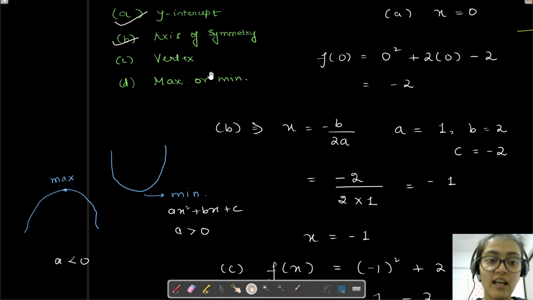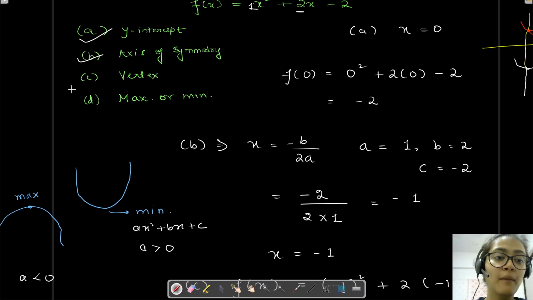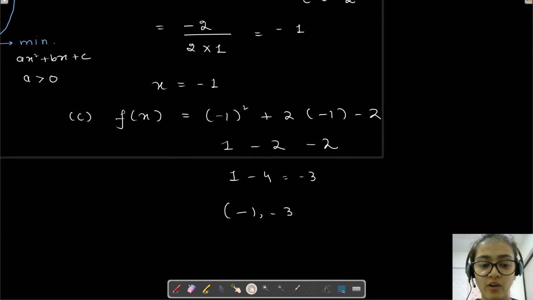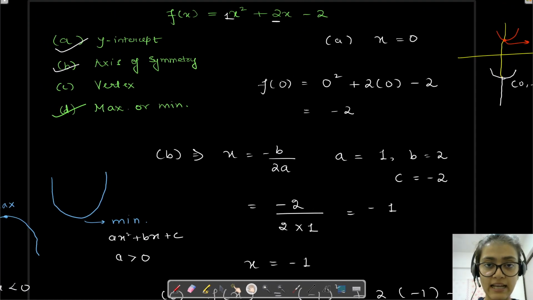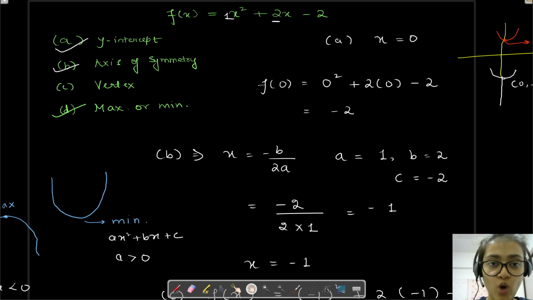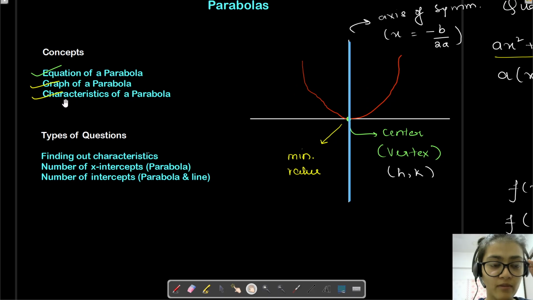So in this case we will have the minimum value, and that is actually nothing but the y coordinate of the vertex, -3. -3 will be the minimum value. Okay, let's take the next question. This question was based on the first concept, the characteristics of a parabola.